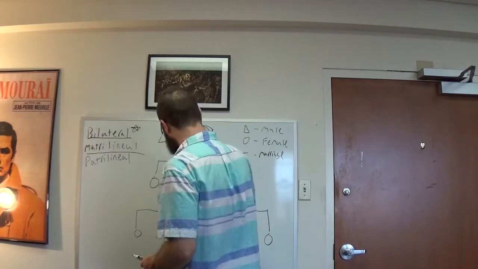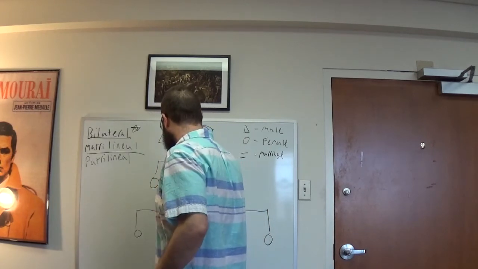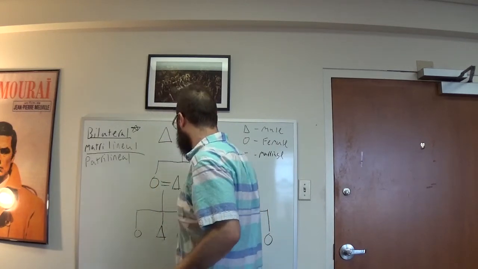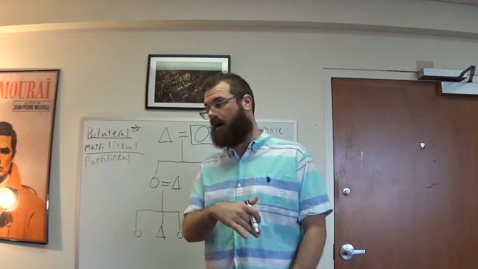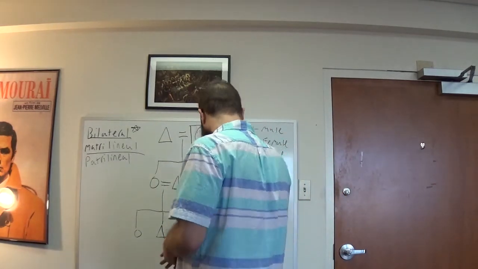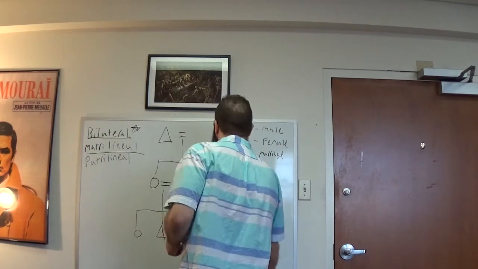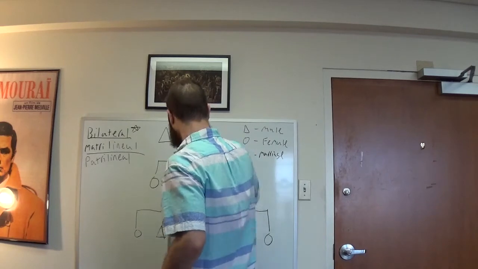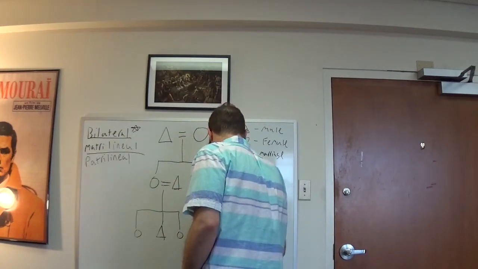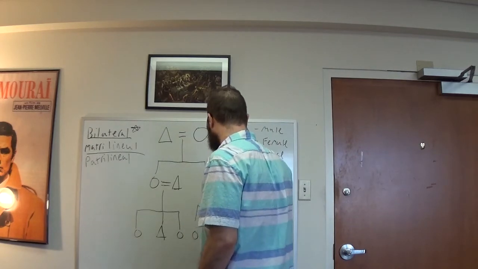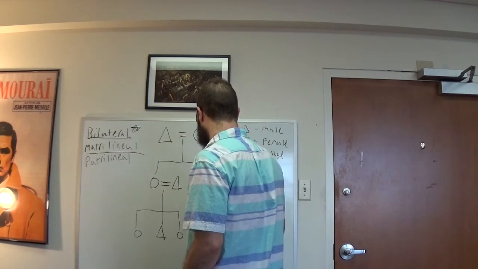Patrilineal descent. So patrilineal descent means that you only recognize relatives along the male line. So in this case, this same relative would be related to his father, maybe his mother, right?